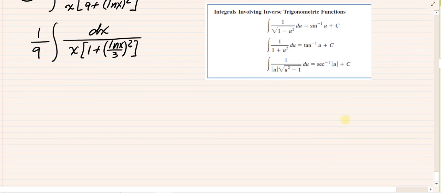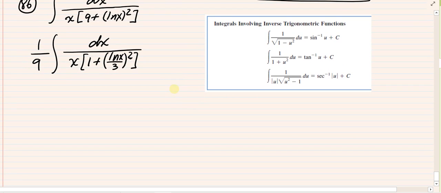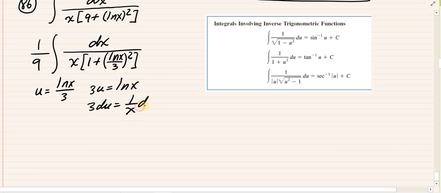You can see now this is what the u is going to be. In number 86, I'm going to let u be natural log of x divided by 3. That means 3u is ln of x, or 3 du equals 1 over x dx.